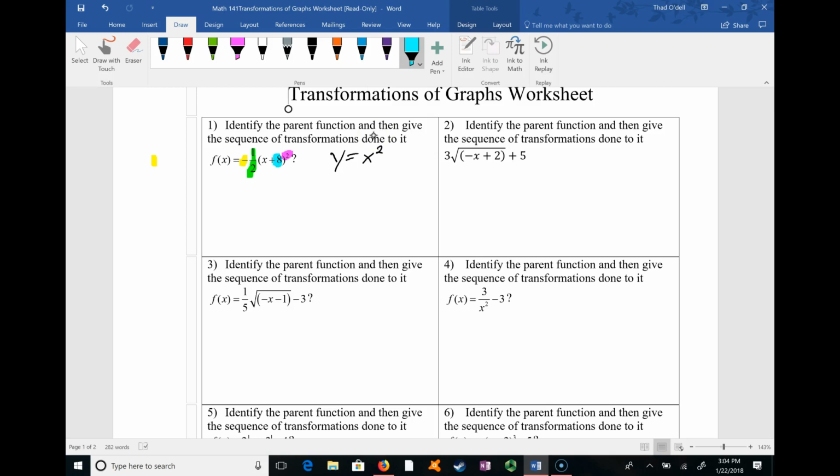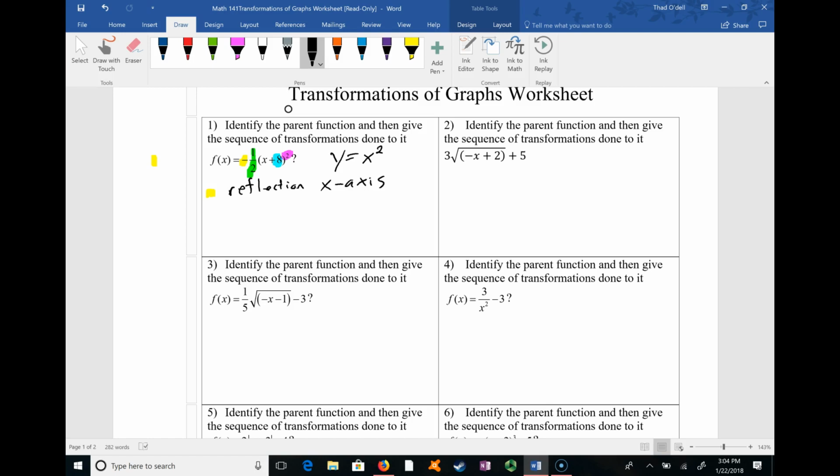We'll start out with the yellow. If you look on that grid, we know that negative on the outside of the squared means it's going to be a reflection. Because it's on the outside, the y's are going to be affected, so that would be a reflection across the x-axis.